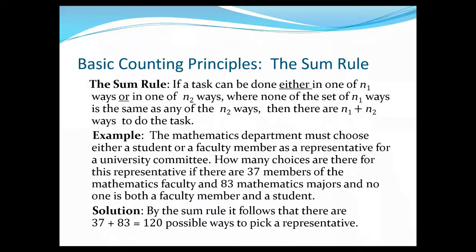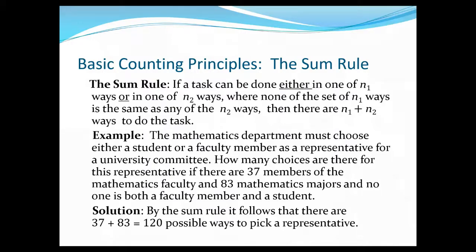So what is the number of possibilities? If it's a faculty, it's 37. If it will be a student, we have 83. So just add 37 to 83, we have 120.